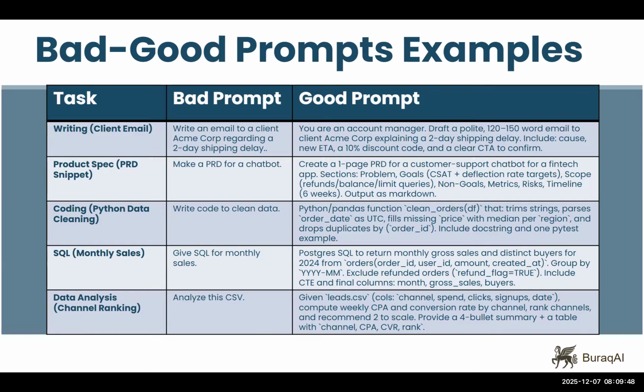So a good prompt is, you are an account manager, which is called role play. You are assigning a role to the GPT. I'm sure all of you must have done this. You are assigning a role to your LLM model, because once you do that, it will give more specific answers based on that role.